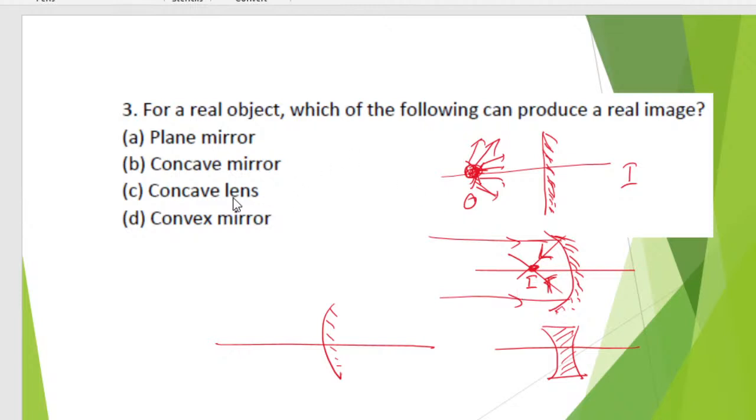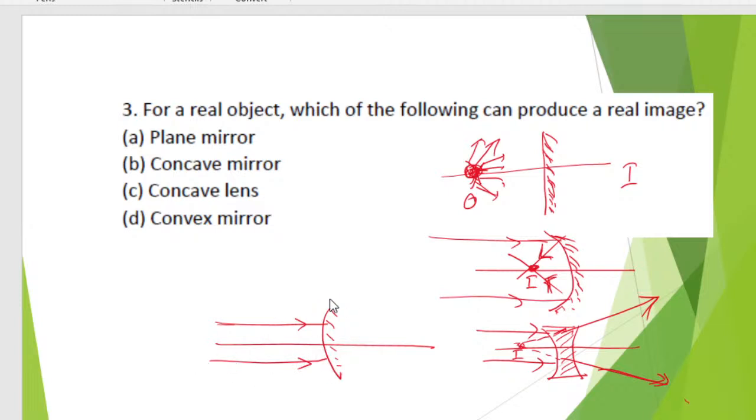And for a concave lens, say parallel rays are coming. I am just taking one example only. The rays will be diverged, so they are not going to meet anywhere. There will be no possibility of forming an image on the right side. But if you extend them back, they are supposed to meet at this point. So here you can find an image, but this image is not real. That is virtual, because they are only supposed to meet that way. I am talking about an example of parallel rays only, meaning the object is at a very large distance.